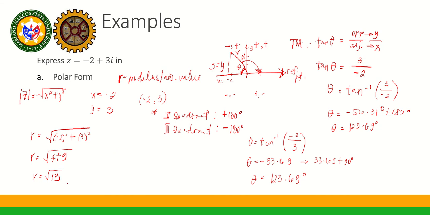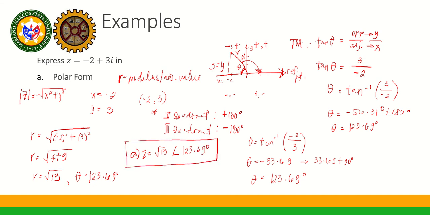Yung r natin is square root of 13, tapos yung angle natin is 123.69 degrees. So our answer for letter A: z is equal to square root of 13 angle 123.69 degrees. So this is the conversion of the complex number in rectangular form to polar form.